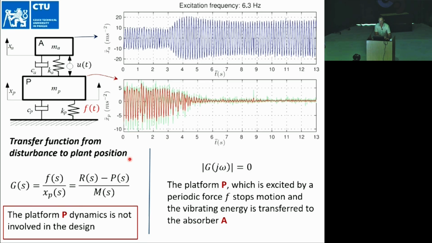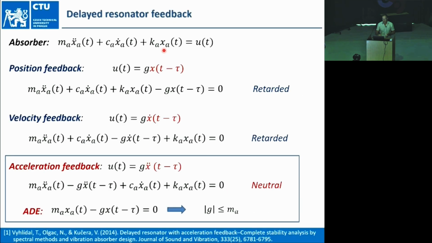Okay, so the idea is, of course, you could see that the platform was silenced after the absorber was switched on. The vibrations were suppressed, but it is, of course, at the cost of large motion of the absorber. Because we need to create a sort of an anti-force to the excitation force, so we need a larger motion.